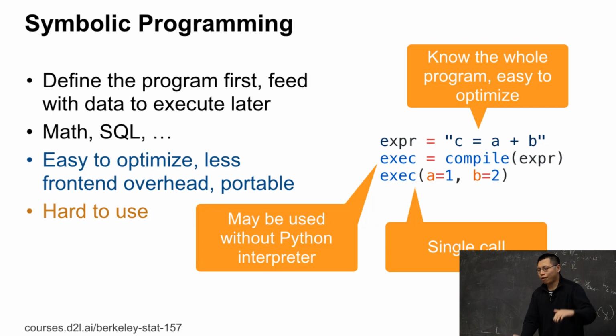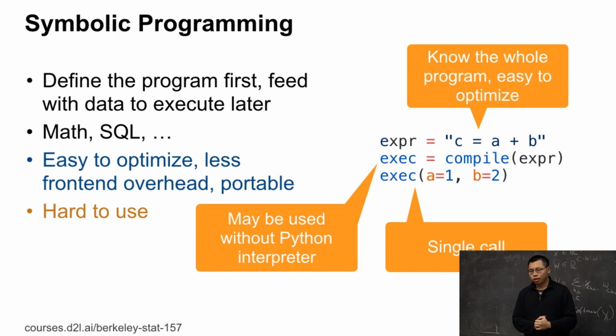Similarly, if we have a very long program and we compute C, but in fact we never use C anywhere, then we don't need to execute C equals A plus B. That's another optimization we can do. The other thing is that because we have the whole program first, we compile once and run the code once. So it has a single call. No matter how long the program is, I only do a single compilation and call the function once.